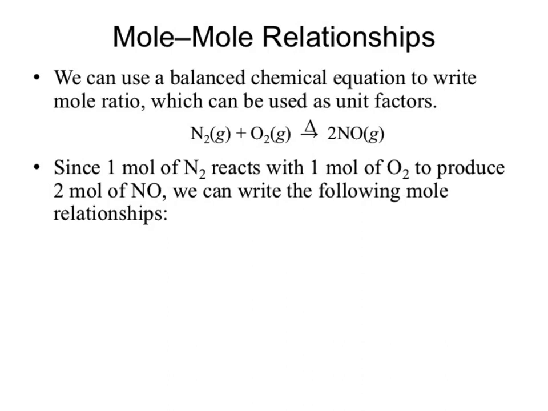So what can come out of that? We can get all sorts of relationships. When we look at our balanced equation, so this is a new equation, I can get all sorts of conversion factors. I can convert nitrogen into nitrogen oxide. I can convert oxygen into nitrogen. Really? I'm allowed to convert oxygen to nitrogen?